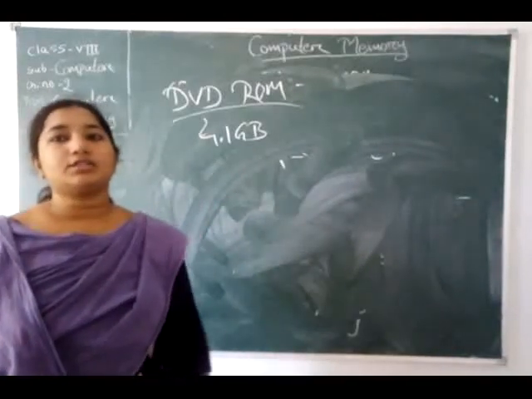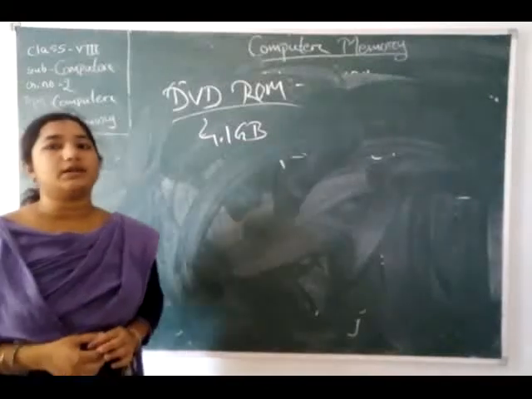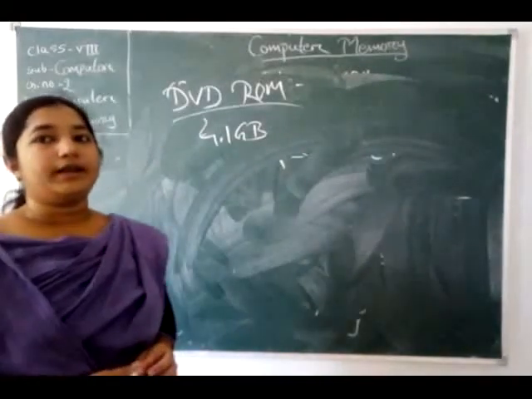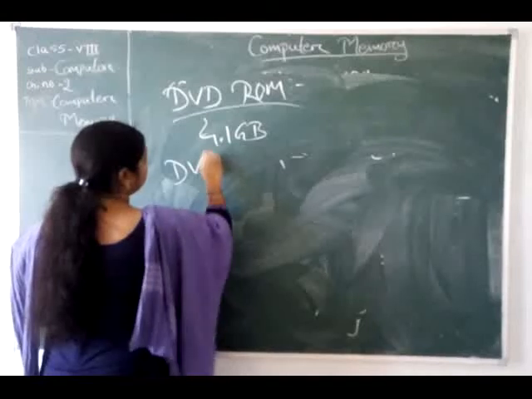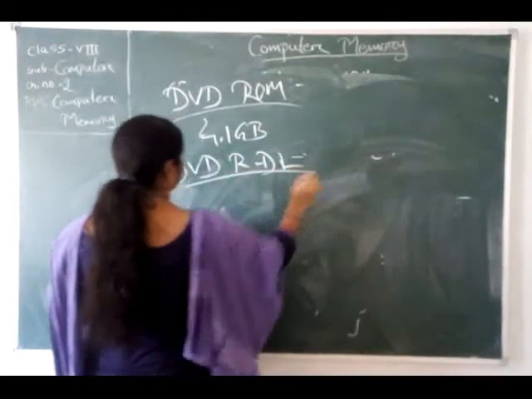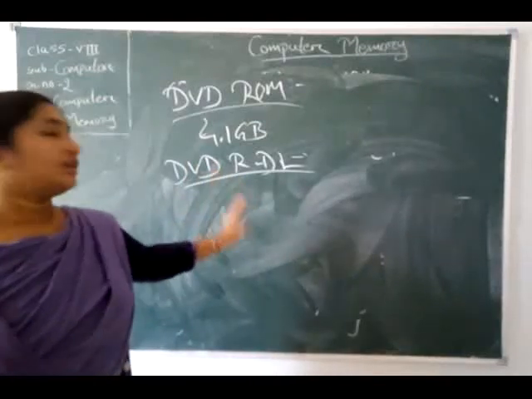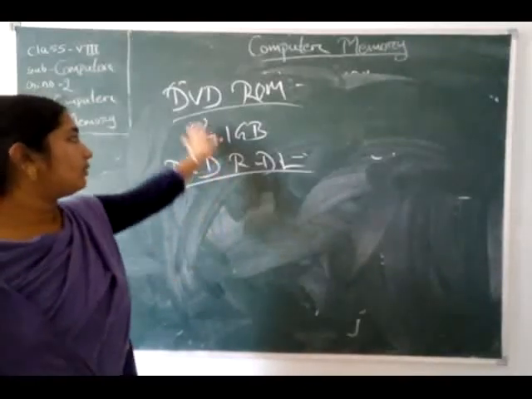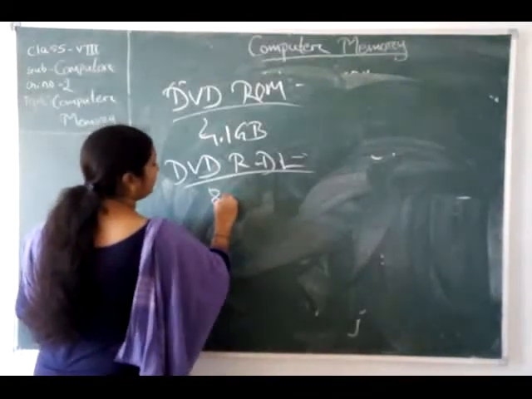There is also an 8.54 GB dual layer version called DVD-RDL. DVD-RDL is a dual layer version of DVD-ROM, and it has a storage capacity of 8.54 GB.